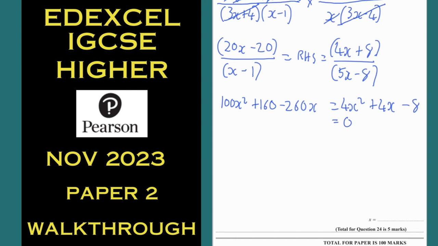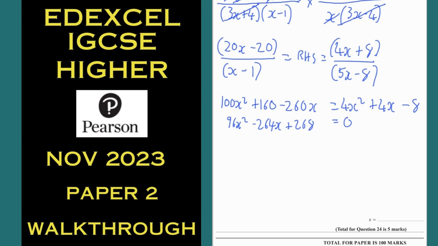So let's subtract 4x squared from both sides. 96x squared. Let's subtract 4x from both sides. We get minus 264x. And let's add 8 to both sides. We get plus 268. Now you could jump straight for the quadratic formula.